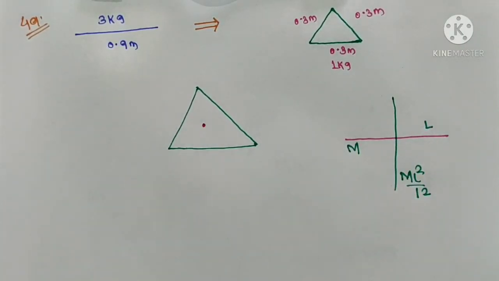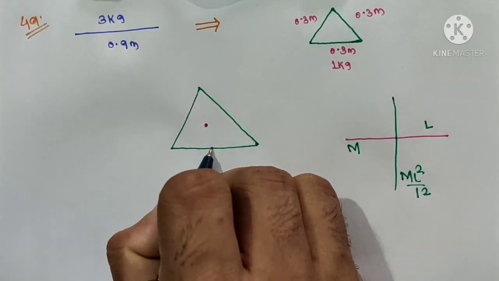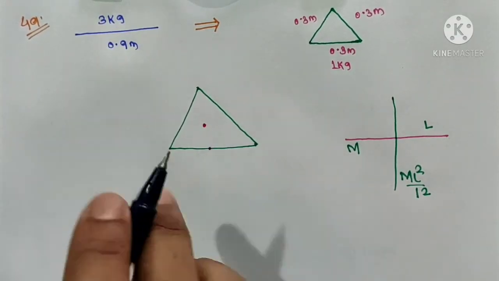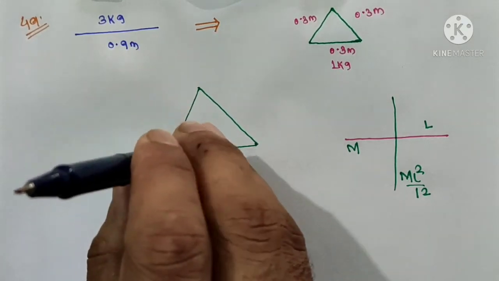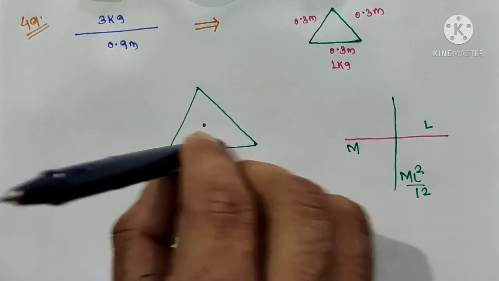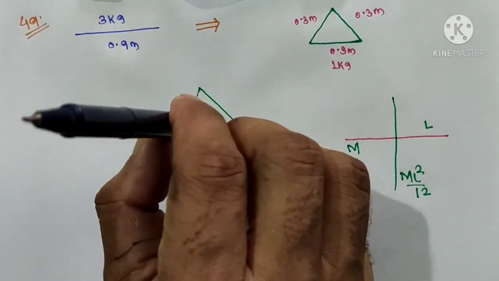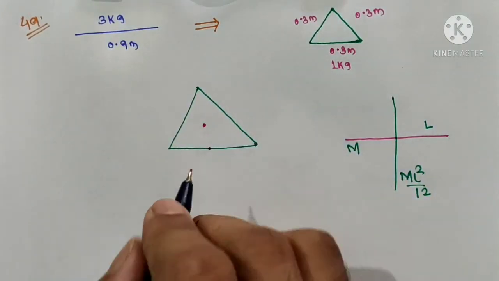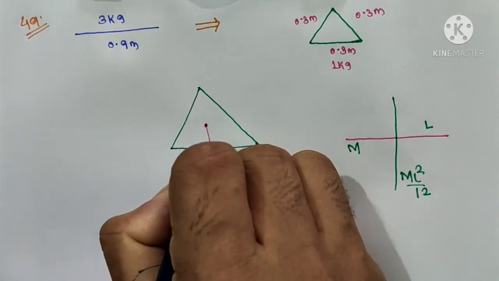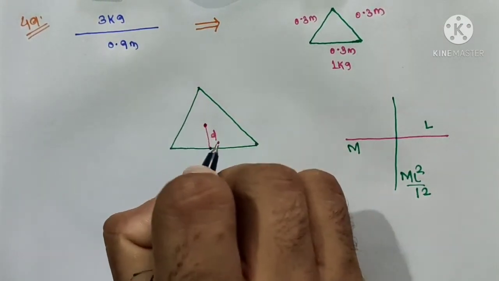So for this triangle we can define the moment of inertia for this side about an axis passing through its center and perpendicular to the line. Then this axis will be parallel to this axis, so we can use the parallel axis theorem and define the total moment of inertia. Let this distance be d.